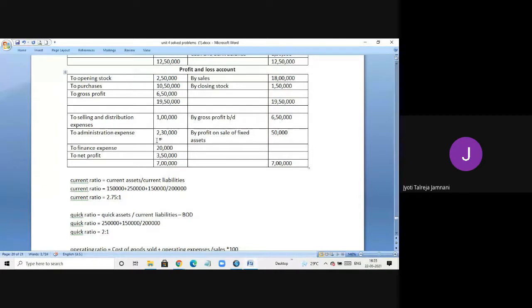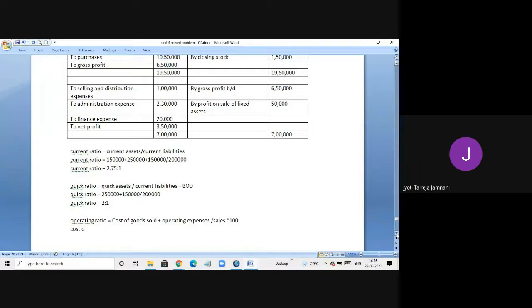We shouldn't be taking the financial expenses because those are not operating expenses. That is the interest that has to be paid, which goes in the financing part, loan and interest and all that. So operating is only administrative, selling and distribution, office expense, factory expense, all those. So first let's find the cost of goods sold.